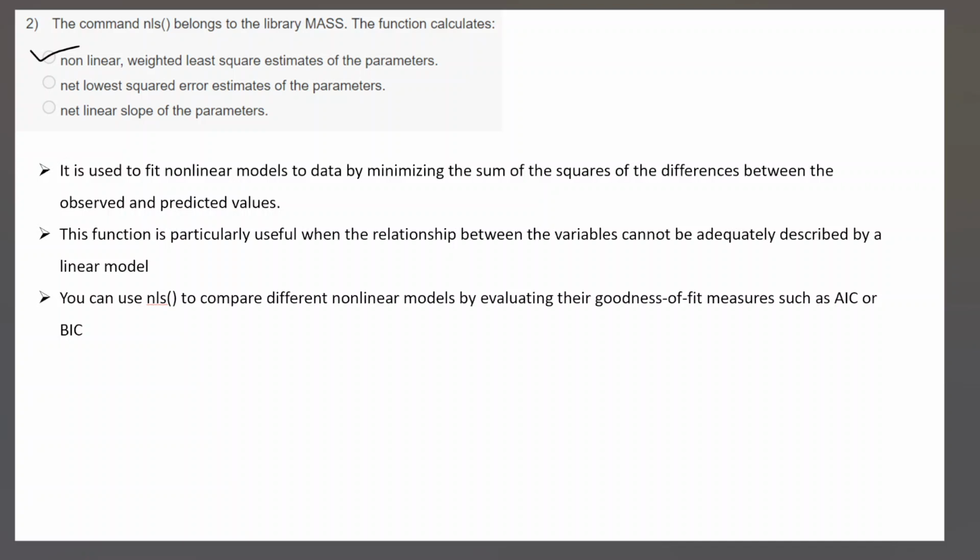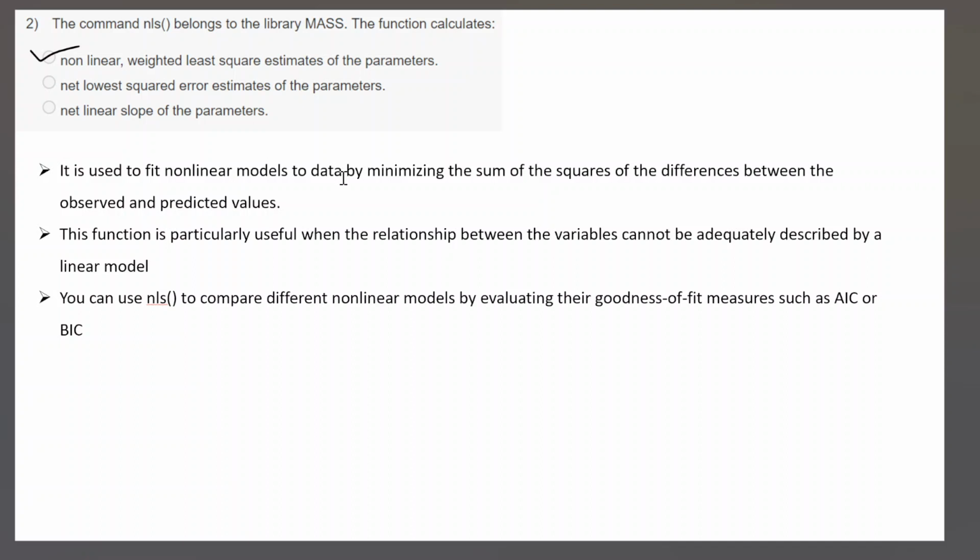But nls belongs to the stats library. NLS means nonlinear least squares method. As the name suggests, it produces nonlinear weighted least squares estimates of the parameters.